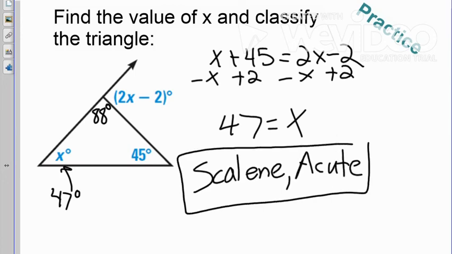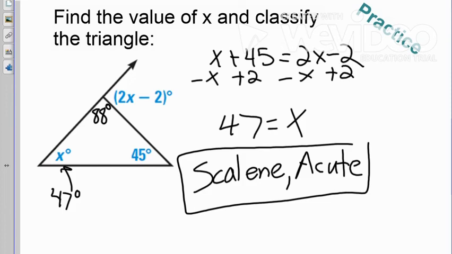All those side lengths are non-congruent because we don't have any congruent angles as well. So therefore, and none of the angles are greater than 90 degrees, this would give us an acute triangle. So hopefully that made sense for you guys there.